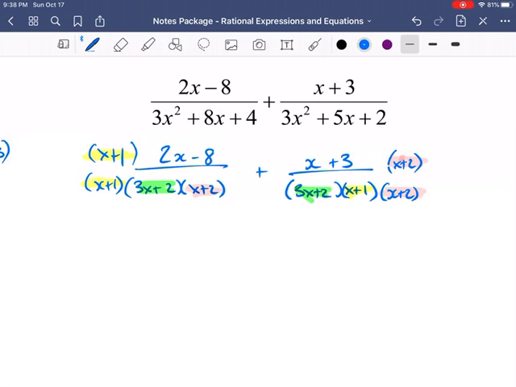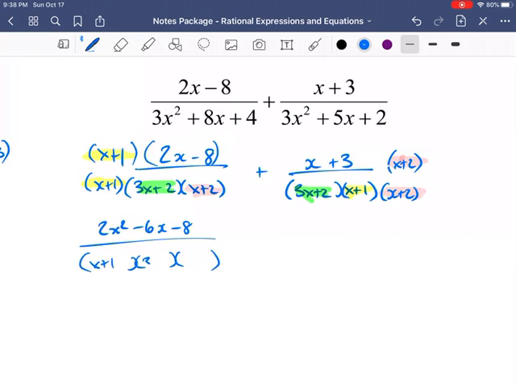All right. So the numerator on the left side here, if you FOIL this, if you expand it, you will get 2x squared minus 6x minus 8 over, and then you've got 3 sets of brackets in your denominator now.